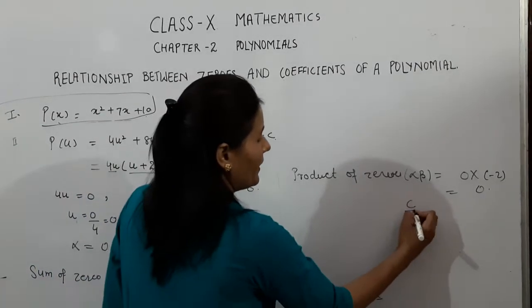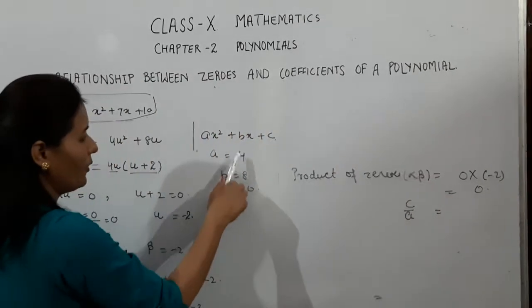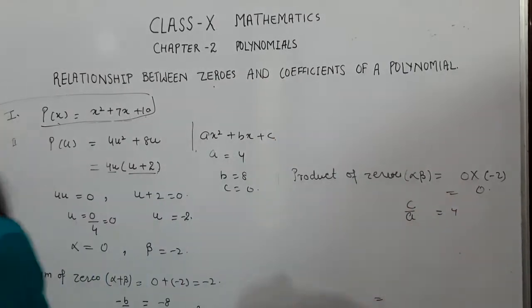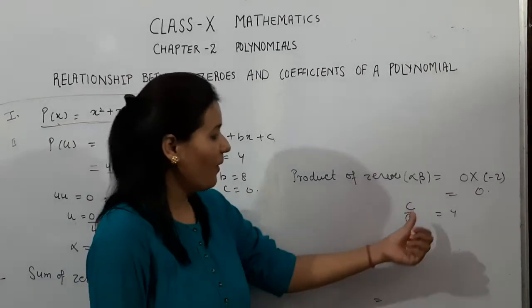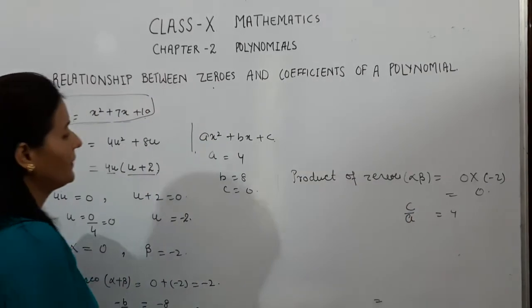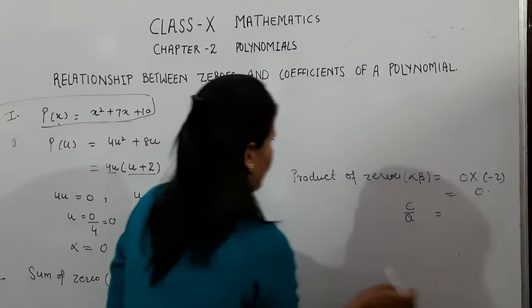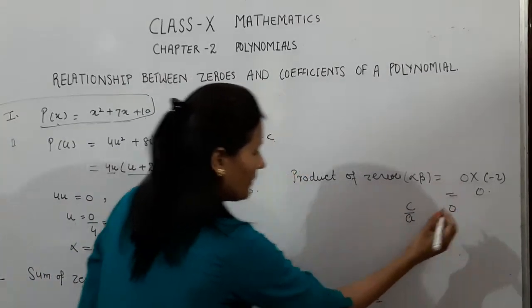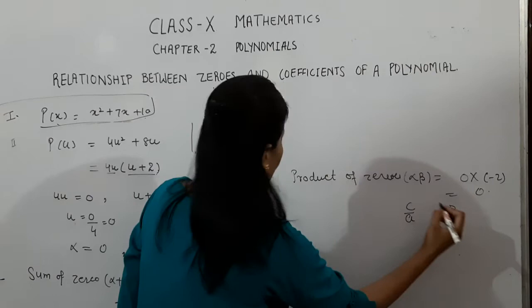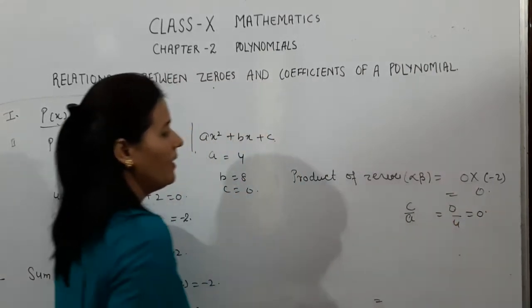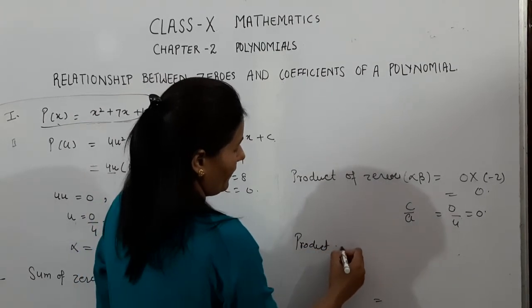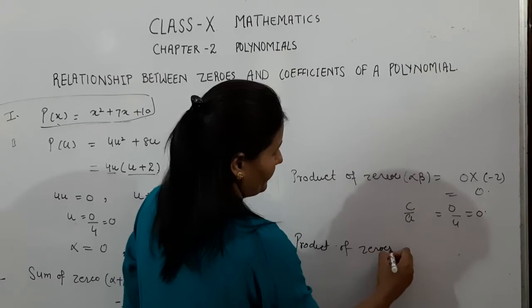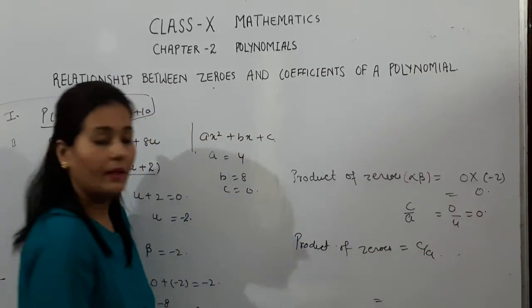What is our c upon a? c is 0 and a is 4. That will be equal to 0 only. So we have verified that the product of zeros is equal to c upon a.